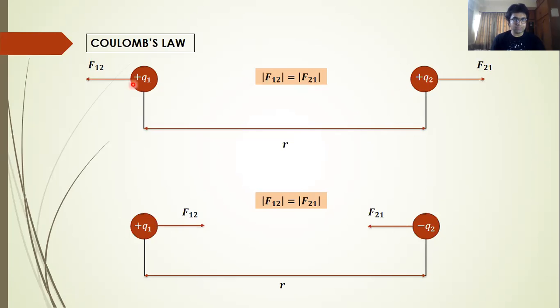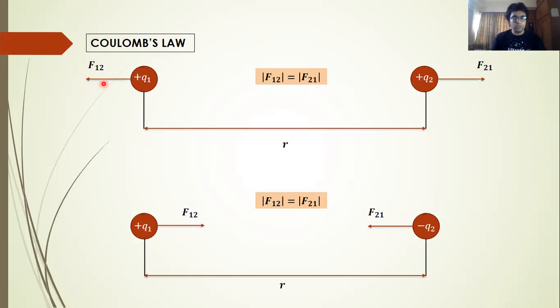So both will act in opposite directions, and as we know both are positive charges, they repel each other. The basic property you must remember, which we have already discussed in the first video of electrostatics, is that if the charges are both positive, there will always be repulsion between them.